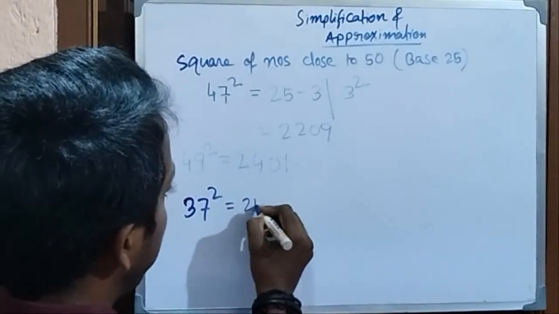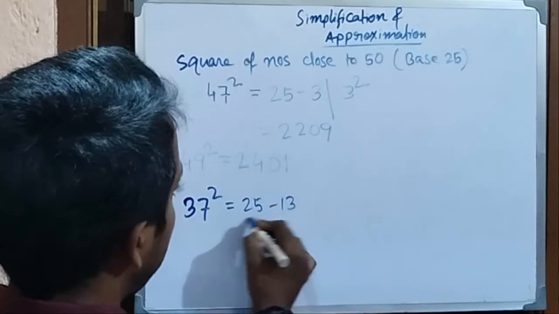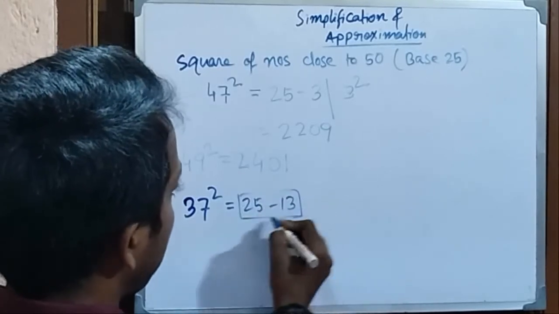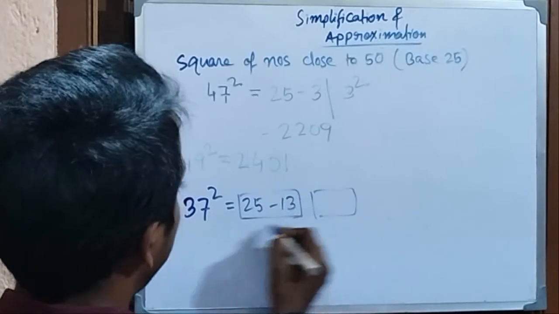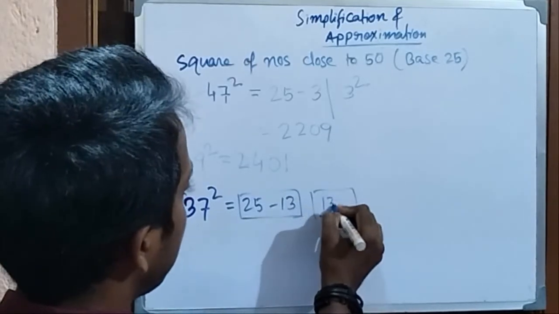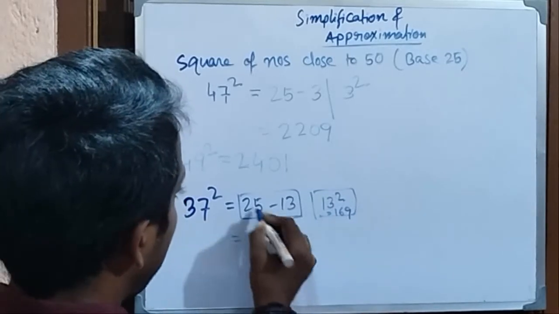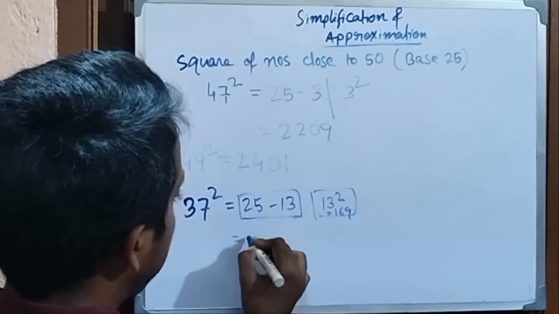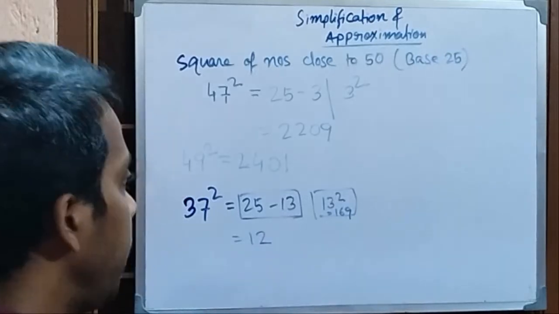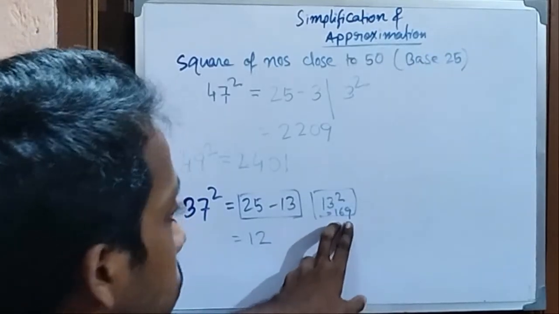So 25 minus 13 is the first box, and the second box would be 13 square, which gives 169, right? So here 25 minus 13 gives 12, and in the second box this is 169.